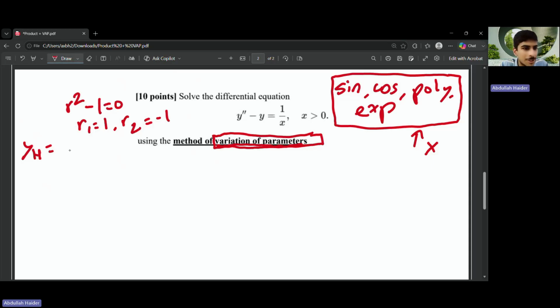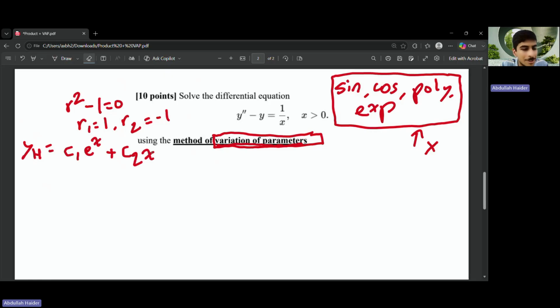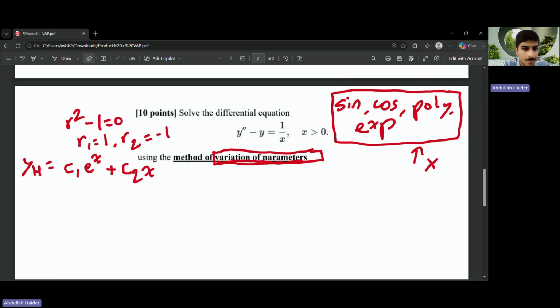So your homogeneous solution is going to be C1 e^x plus C2 multiplied by x. No, that's my mistake. We don't have a repeated solution here. C1 e^x plus C2 e^(-x). This is your homogeneous solution.